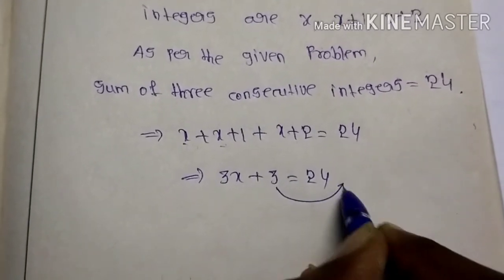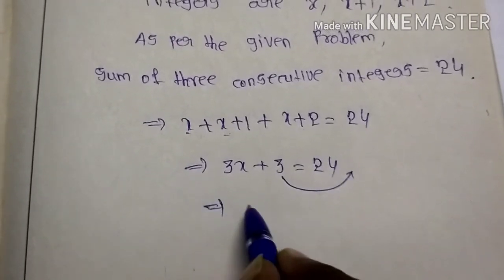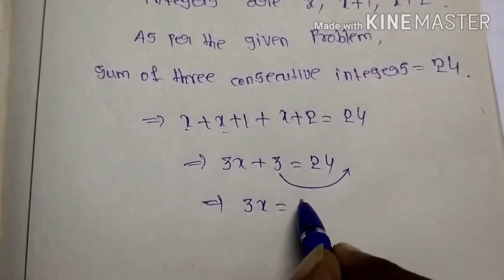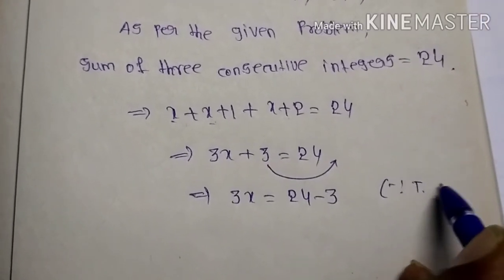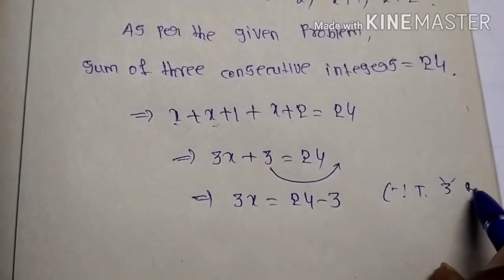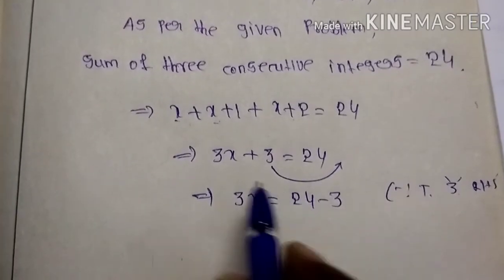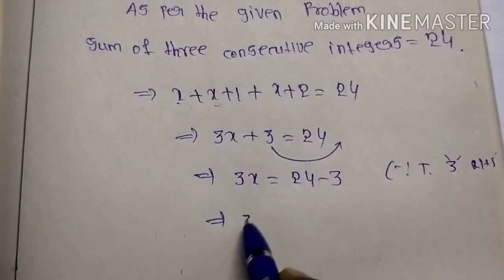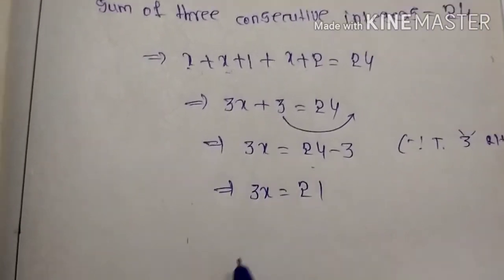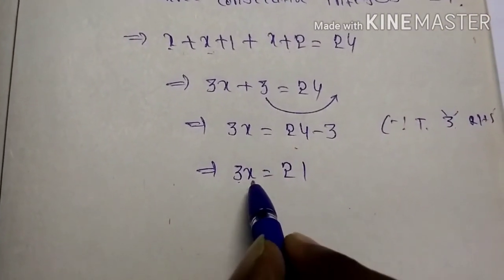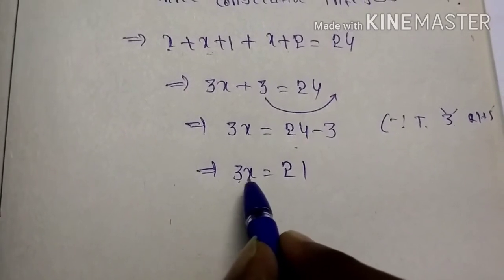You can transpose 3 to RHS. That means I am writing here 3x is equal to 24 minus 3. In the brackets you can write here transpose 3 to RHS. See here implies you can write here 3x is equal to 24 minus 3 is how much? 21 only. See here next 3 times of x means 3 is multiplying x.